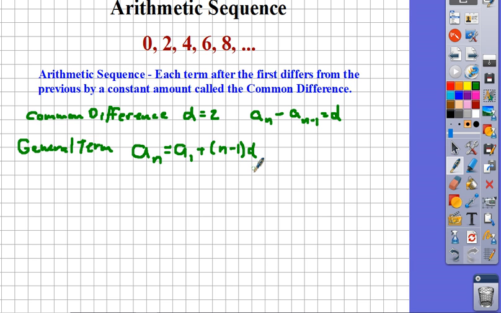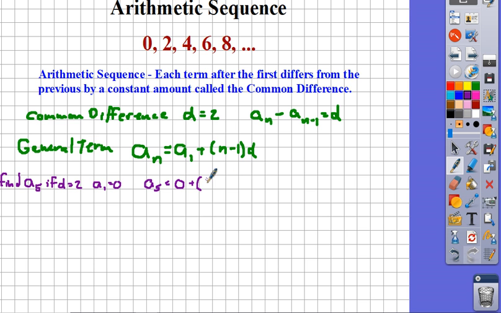So let's see if we can find a few things. Let's take a look at a couple example problems here. So let's look first at finding a sub 5. Find the fifth term if d equals 2, common difference is 2, and the first term is 0. Okay, well, let's use our formula. So a sub 5 is going to equal a sub 1, the first term, which is 0, plus n, the number of terms.